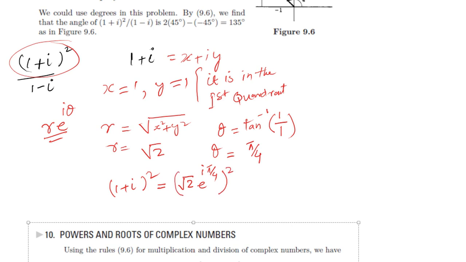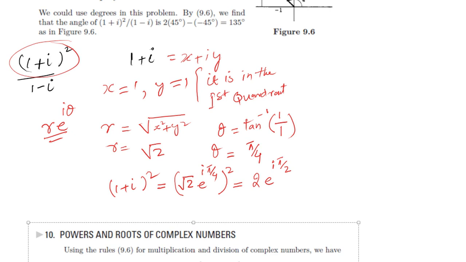And what you get is 2 exponential raised to the power iota, that power comes inside, and that becomes iota pi over 2. So that is the upper portion of the complex number that you are evaluating using some understanding of complex numbers.